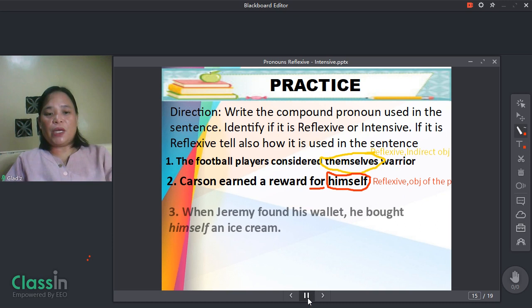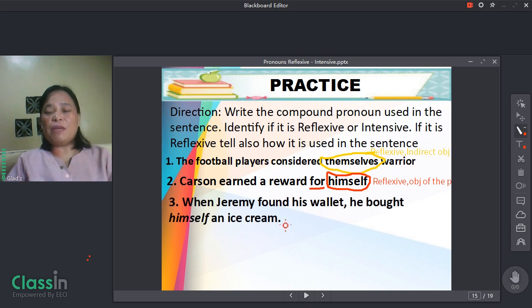Next, number three: when Jeremy found his wallet, he bought himself an ice cream. It's familiar to you because it was already used in our example a while ago, but still, let us answer this one.